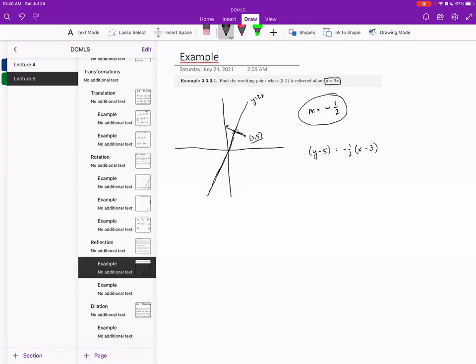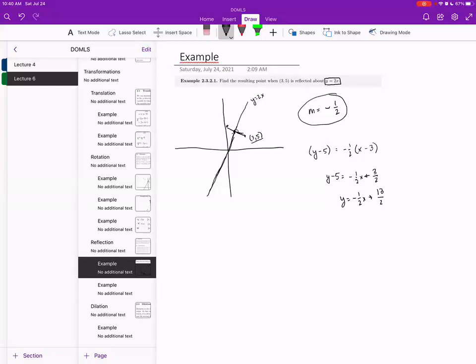If we simplify this, we get y minus 5 equals negative half x plus 3 halves, and then y equals negative half x plus 10 over 2, so 13 over 2. So this is our equation for the line.